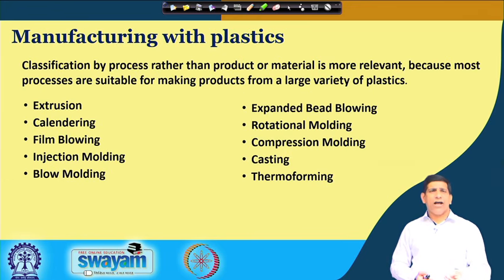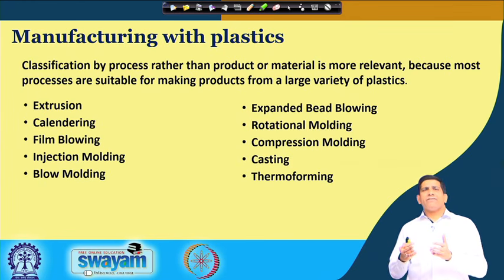You may have seen the same for glass, or any other industry. It is the same processes that have been used in the manufacturing world for quite some time. Once plastic came in, we had to modify some of these processes, but we have been using extrusion, calendaring, film blowing and so on for a long time. We will continue this discussion in the next module.